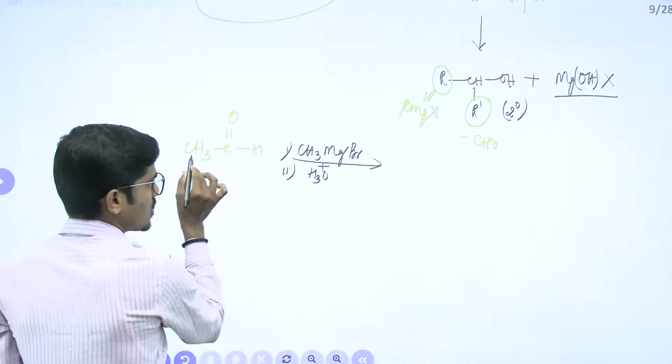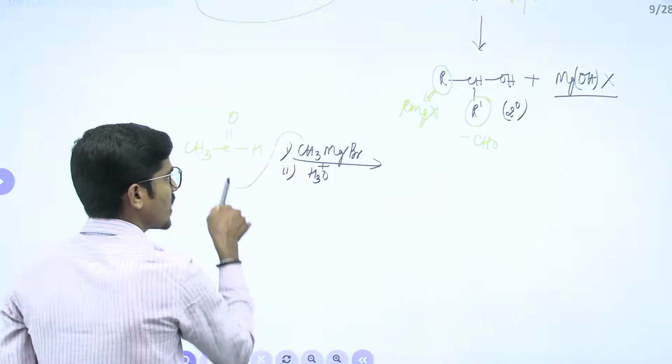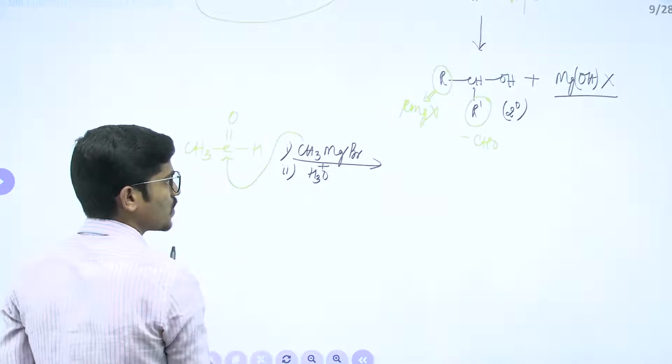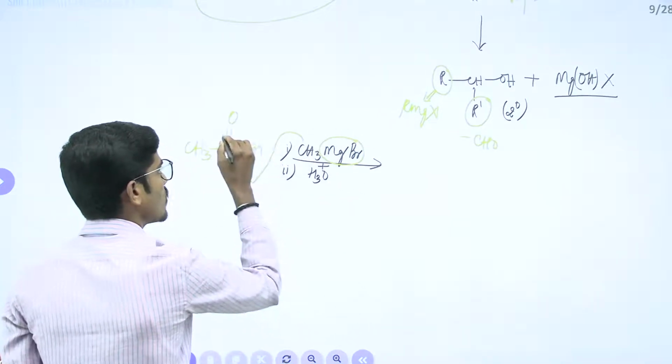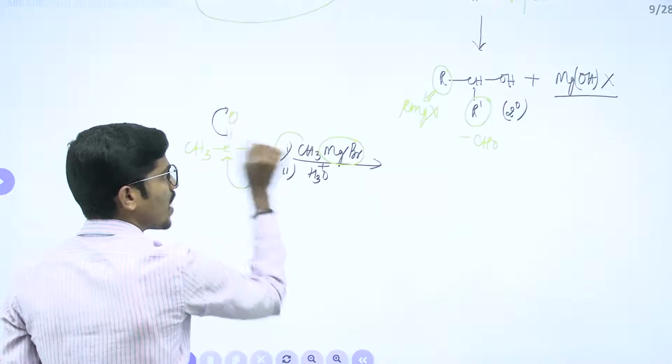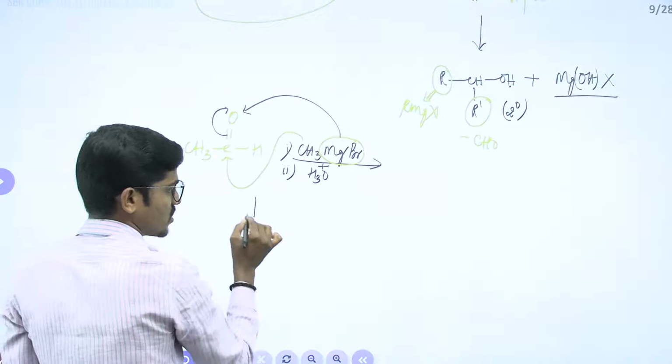So one group is CH3. So this is the alkyl group. So this alkyl group is attacking on this carbonyl carbon, and the remaining part of Grignard reagent, because one bond is shifted on this, it gets a minus charge, and this will attack to this. So what happens in the first step?